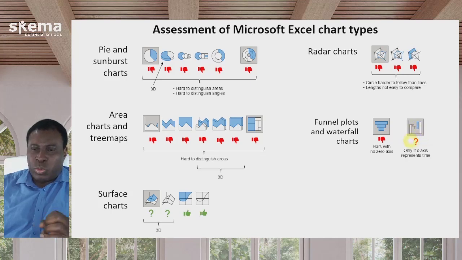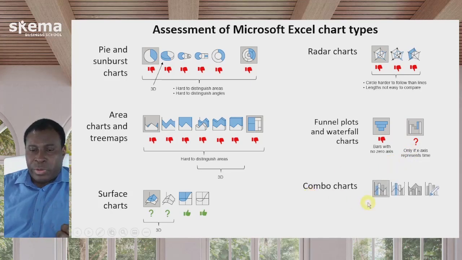The one exception would be if the x-axis represents time, and the differences in heights on each element, in time or a sequence, actually represent a progression in time when some value is reducing or increasing, then that would be useful. Unfortunately, a lot of times it's not used in that case and so waterfall charts often do not work.